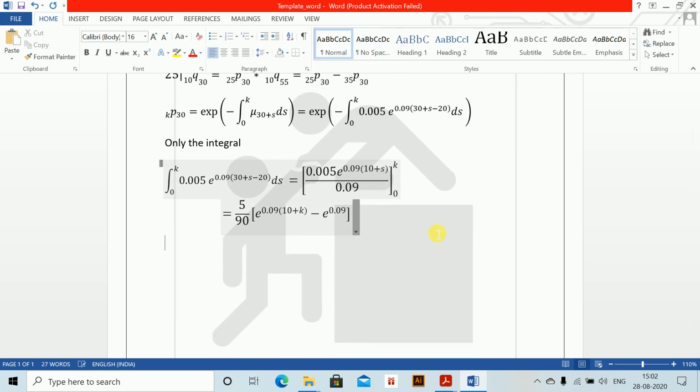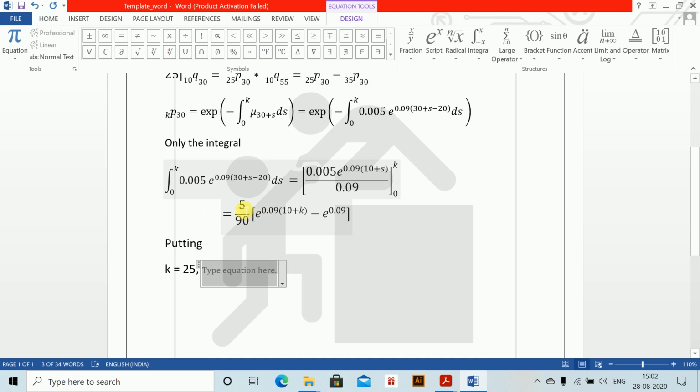Now we had calculated kp30, and we needed 25p30 and 35p30. So putting k equal to 25 first in this equation, this becomes 10 plus 25.